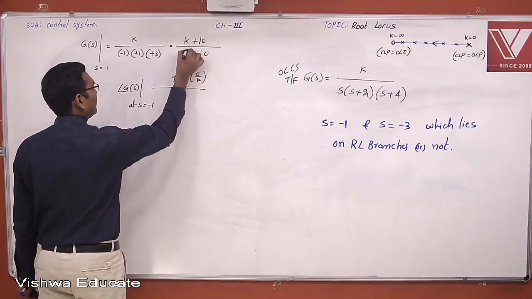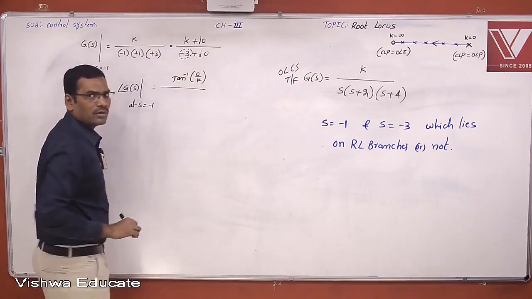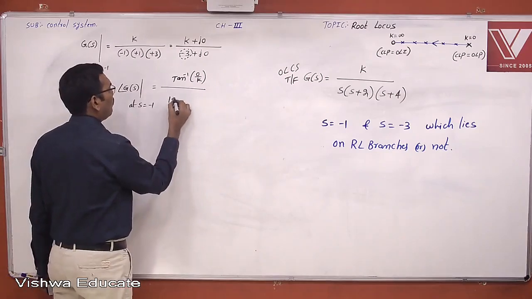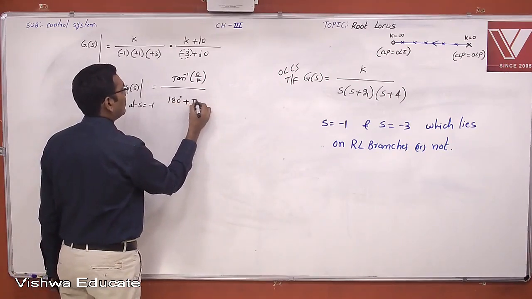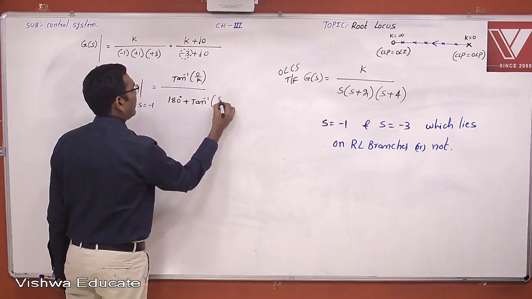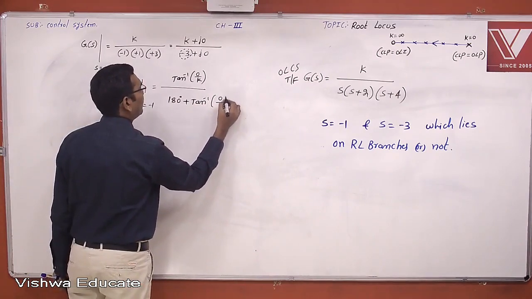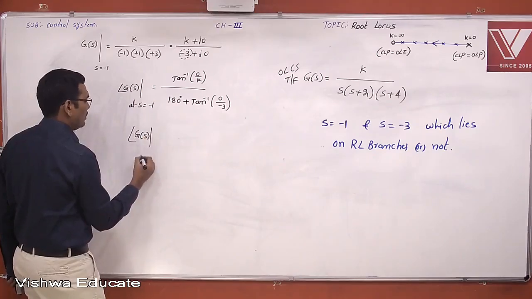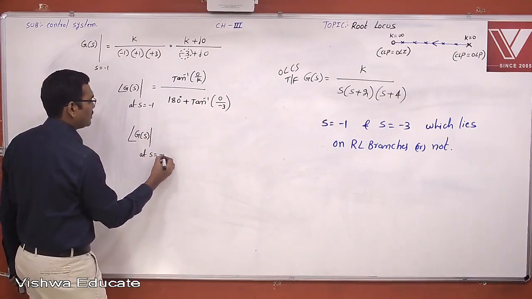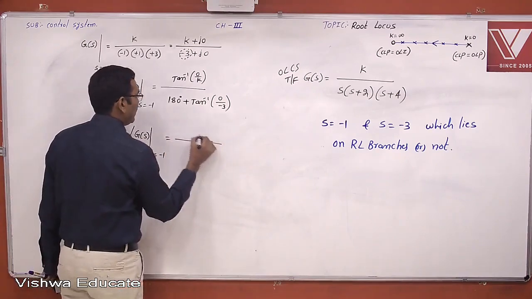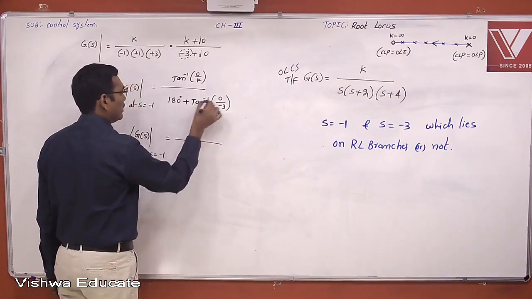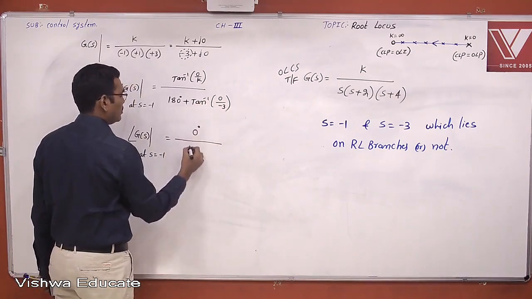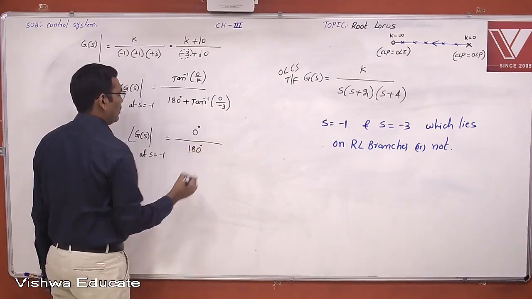Here the real part is negative for the first term, therefore the angle is 180 degrees plus tan inverse of imaginary part by real part. Therefore the angle of the open loop transfer function at s equal to -1 is tan inverse 0, which is 0 degrees, minus 180 degrees.